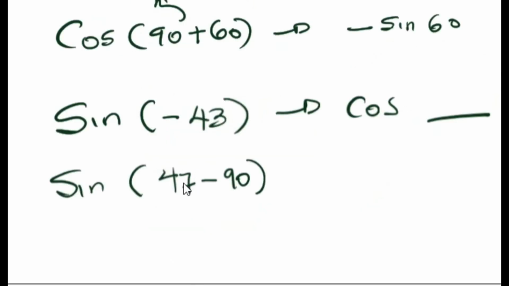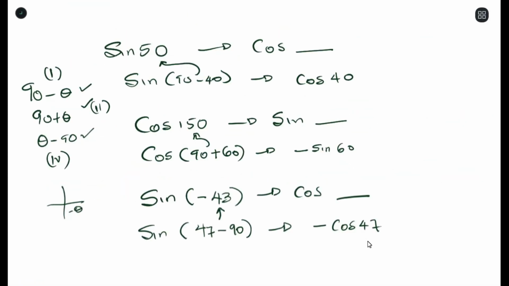If I say 47 minus 90, it gives you negative 43. From what we talked about before, sine is negative in the fourth quadrant, right? So for that answer, it affects our choice. This will just be written as negative cos 47 degrees.